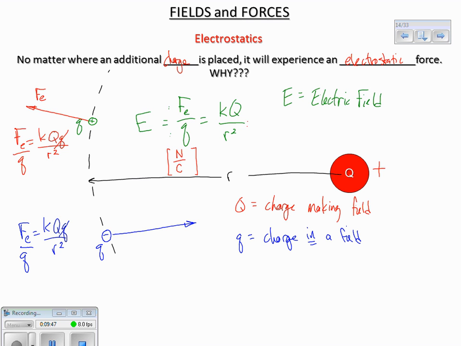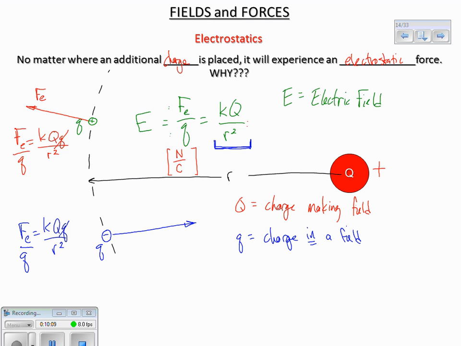Now, does that say that little q doesn't make its own field? No, it doesn't say that. All right? Every charge makes an electric field, just like every mass makes a gravitational field. But what we talk about is if we use this expression here, this allows us to find the strength of the field made by charge capital Q. Right?